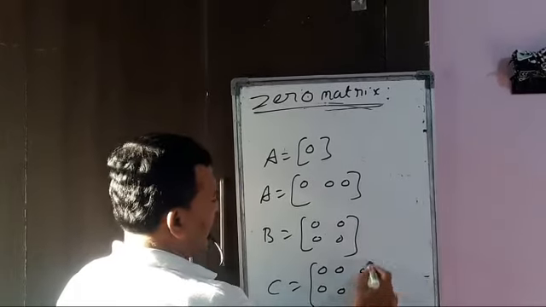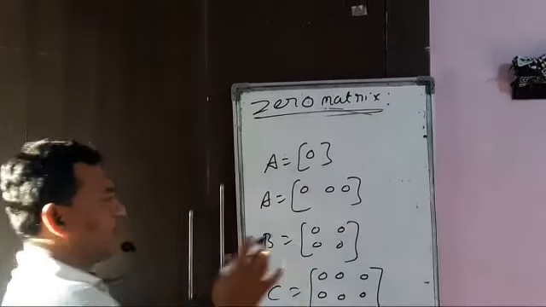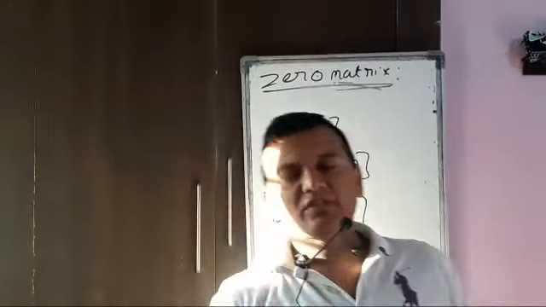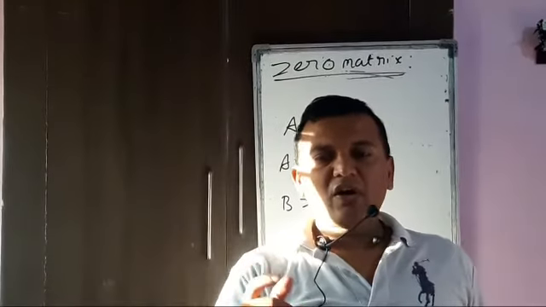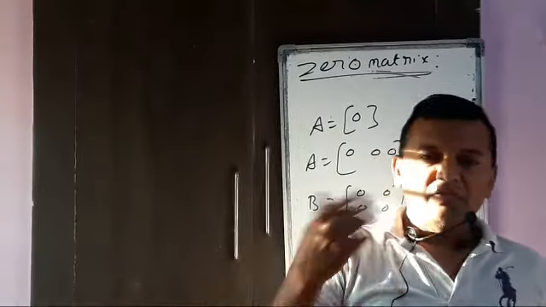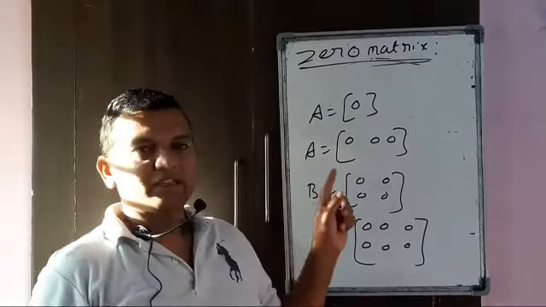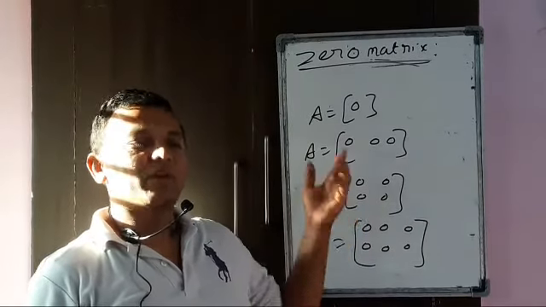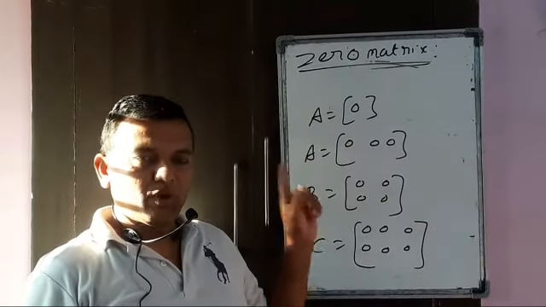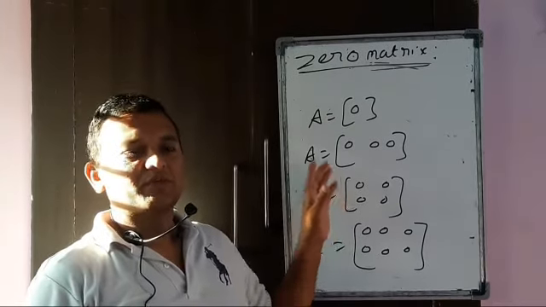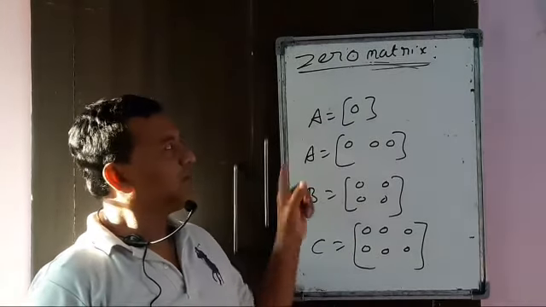Does not matter. All these are examples of a zero matrix. You can notice that from square matrix till unit matrix, they were all square matrices in which we had further conditions. This zero matrix may be a square matrix or may not be a square matrix. One particular thing you should notice here is all the elements must be 0. Then it is called a zero matrix.